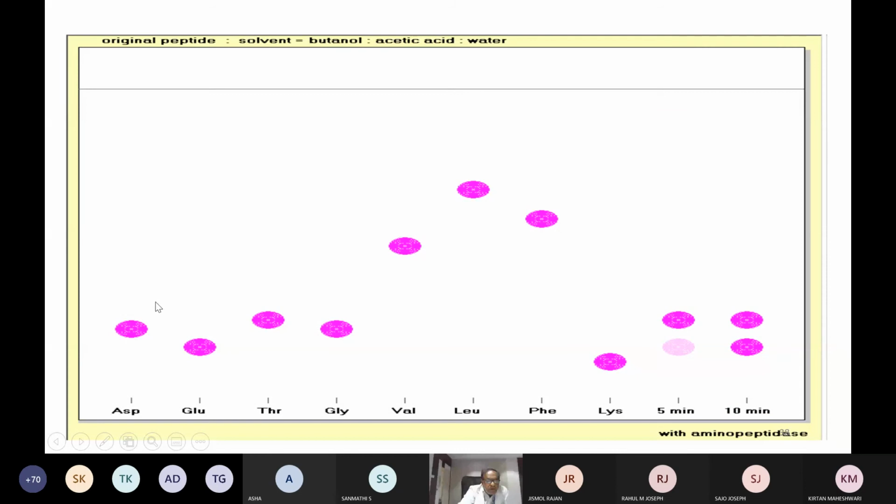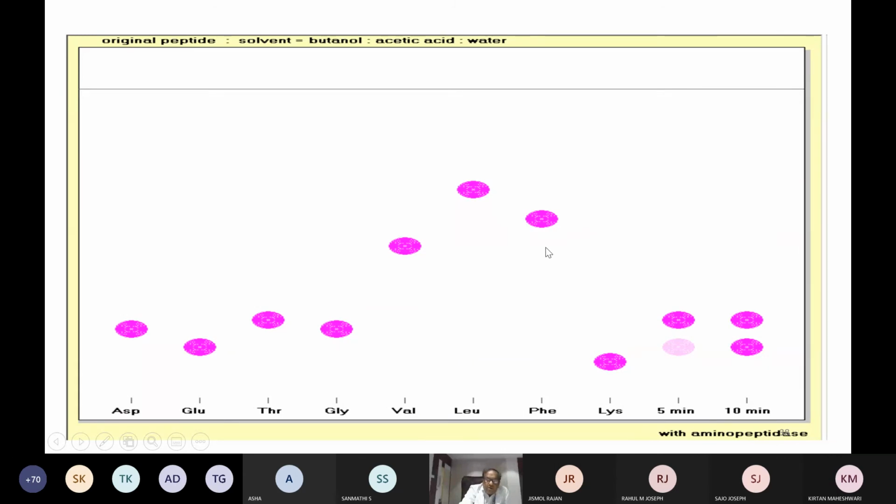Here you see a control which is run for almost all the amino acids. Each amino acid differs from the others, getting spotted at a different length: valine, leucine, phenylalanine.